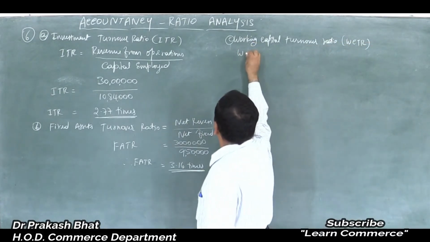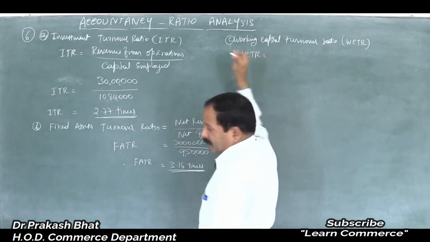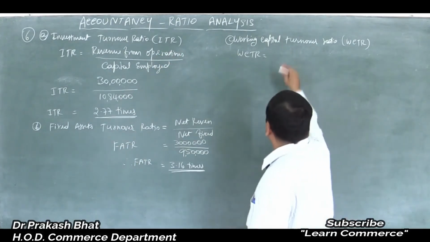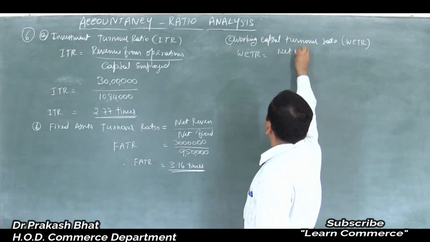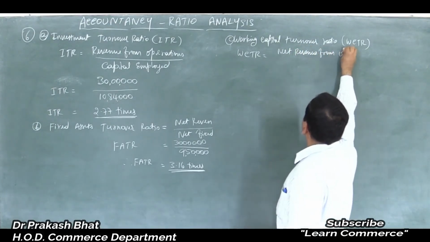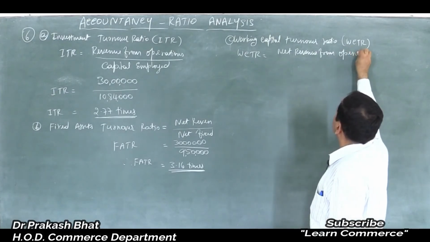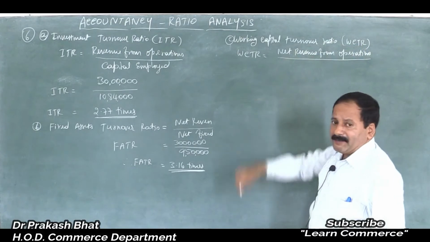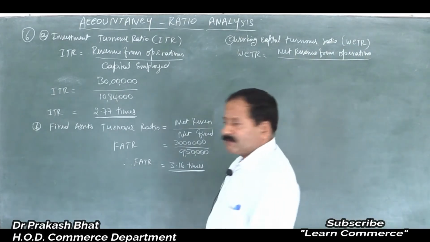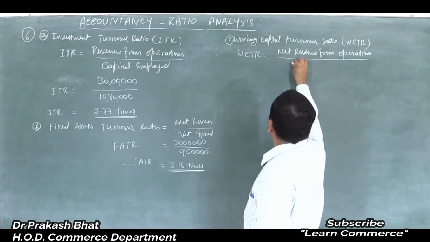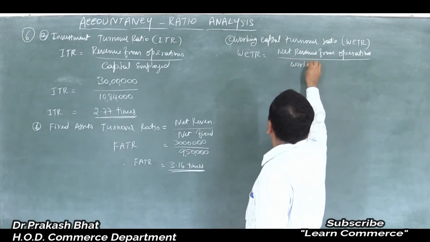So write the formula. WCTR is equal to net revenue from operation divided by working capital, correct? Net revenue from operations divided by working capital. What do you mean by working capital? Working capital is current assets minus current liabilities, isn't it? That is working capital.